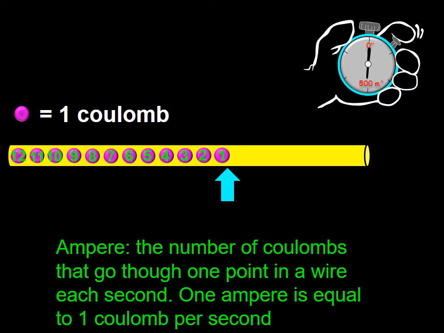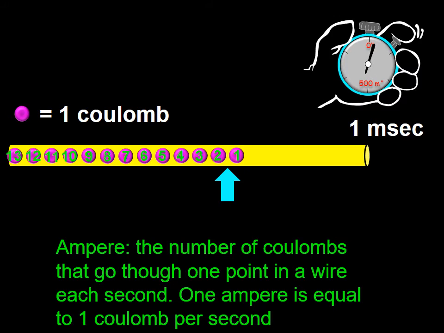Now I have added the coulombs. As you can see, they are numbered, and so far none has gone through the point in the wire signaled by the arrow. 1 millisecond has gone by in this frame, and 1 coulomb has passed the point selected.